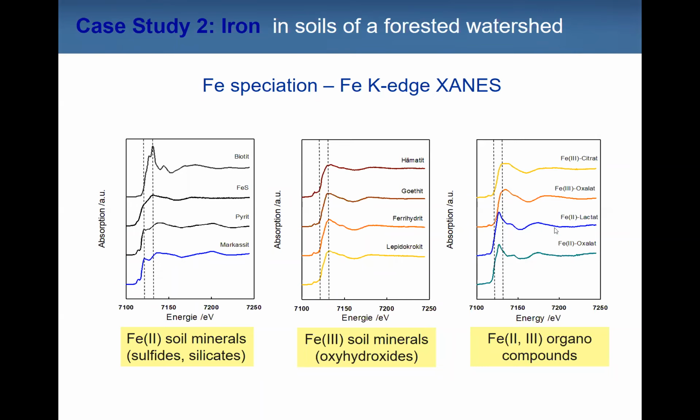And you also see that the reduced organic iron compounds differ from the reduced inorganic iron compounds, and the same is the case for the organic oxidized compounds and the inorganic oxidized compounds. So you can nicely differentiate iron 3 inorganic from iron 2 inorganic and iron 3 organic from iron 2 organic.